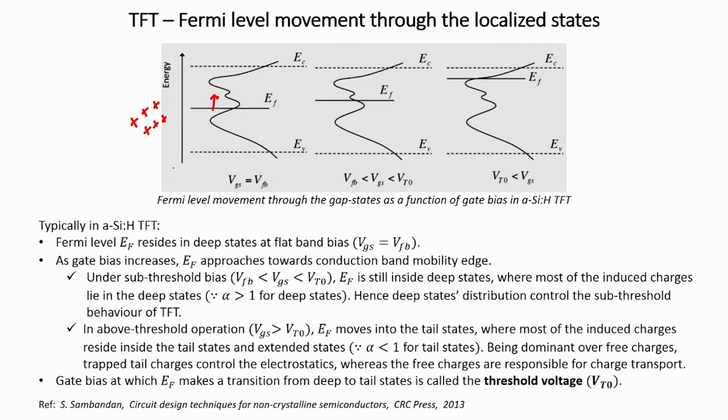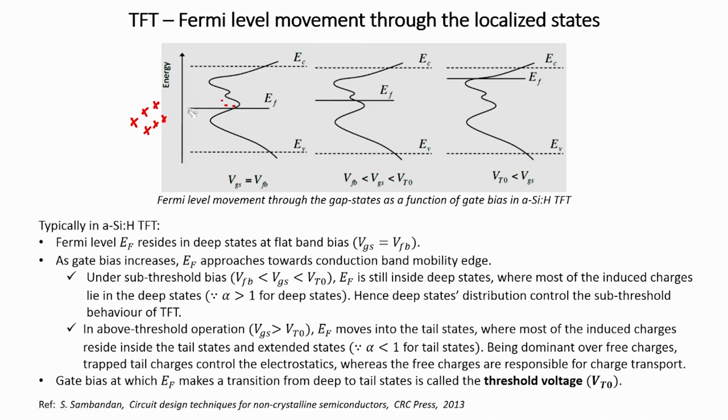In other words, the conduction band attempts to bend towards the Fermi level. But since there are so many states sitting in the band gap, the movement of the Fermi level towards the conduction band implies that these states must first be filled with electrons before the Fermi level can make progress and move towards the conduction band edge.